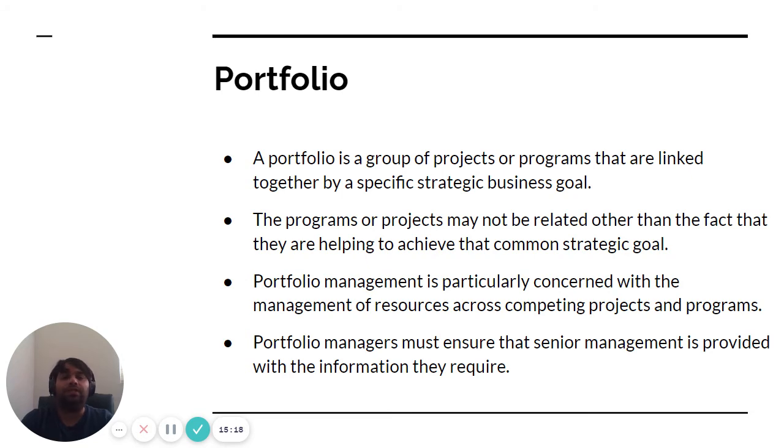The portfolio manager must ensure that senior management is provided with the information they require. So the portfolio manager in this case would be the COO, Chief Operating Officer. The Chief Operating Officer has to understand all the requirements. Oh, I have to build a new factory, everything. So all operations will work correctly. Those kinds of things, right?